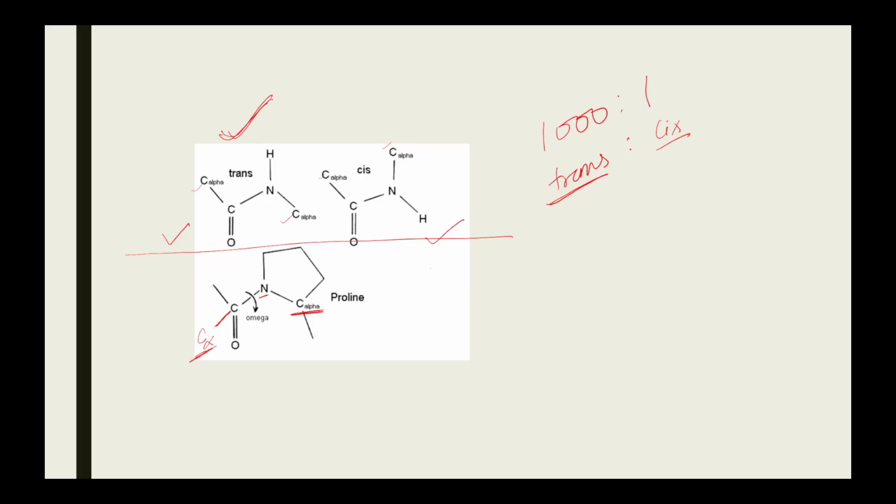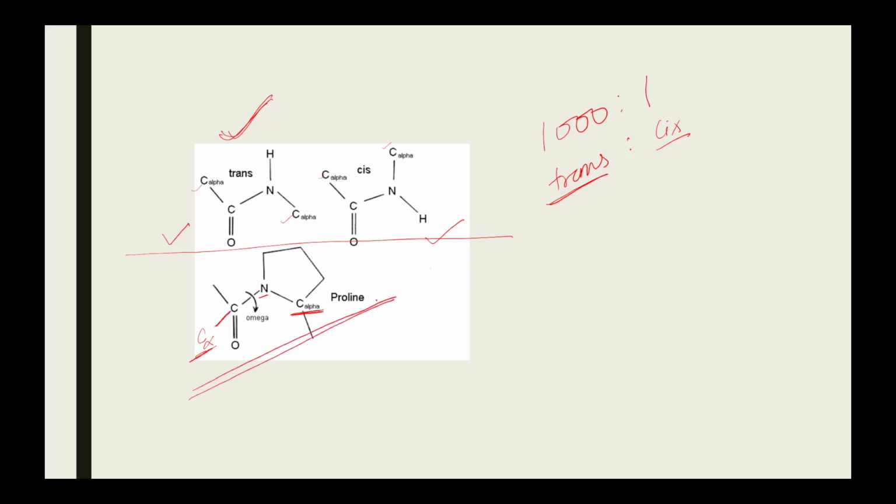So if I talk about the rotation around the peptide bond, if proline is present in a dipeptide in any amide bond formation, the cis and trans both have equivalent energy, so that's why equivalent rotation is possible.